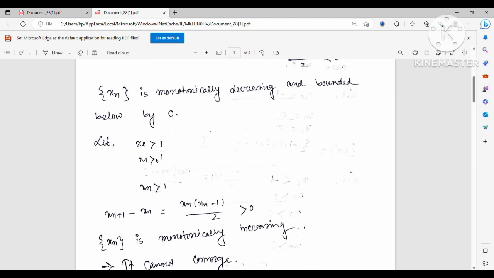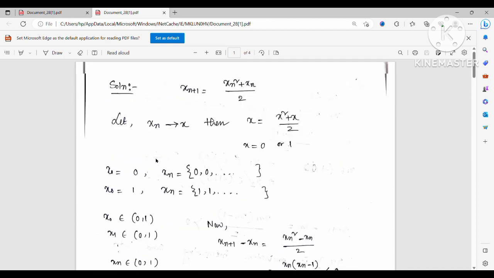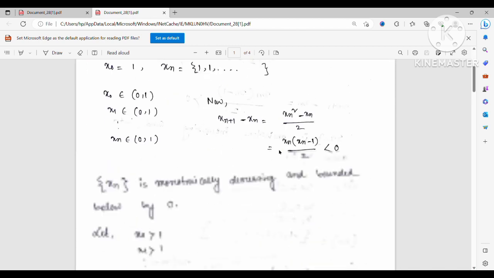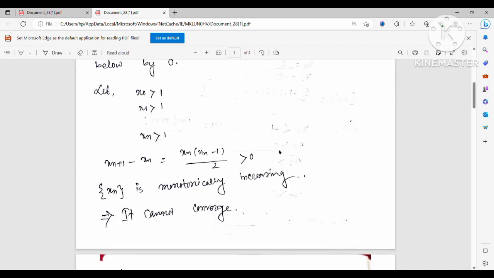But we have already seen that if xn converges, then the value of the limit must be either 0 or 1. So that's why when x0 greater than 1, it cannot converge. Okay, so this is a nice thing.